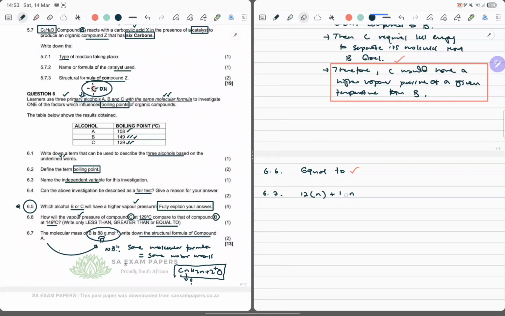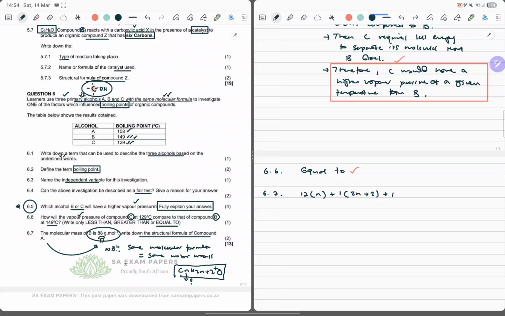2n, right? 2n, but we're adding on the hydrogen, 2n plus 2, right? And then we're adding oxygen.